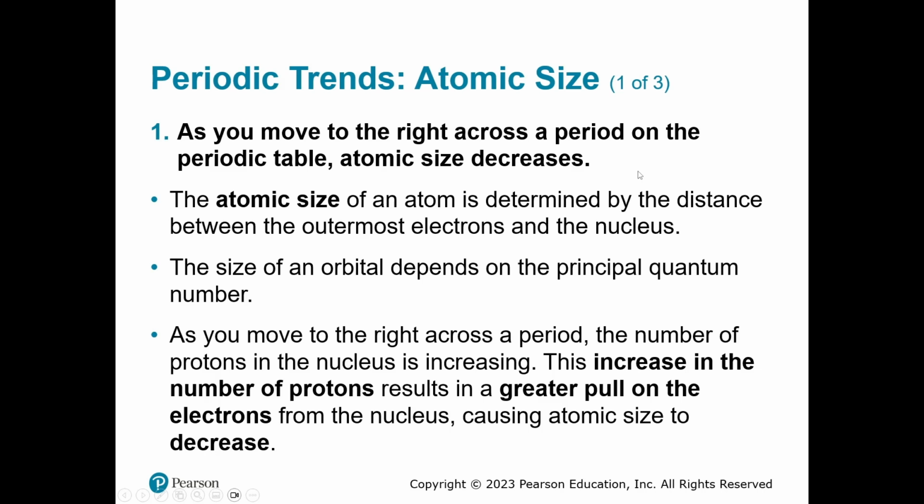So fluorine is smaller than oxygen, which is smaller than nitrogen. But if I go down the periodic table, I'm just going to increase size no matter what. So atomic size is inversely proportional to electronegativity. So as I become less and less electronegative, atomic size tends to increase.